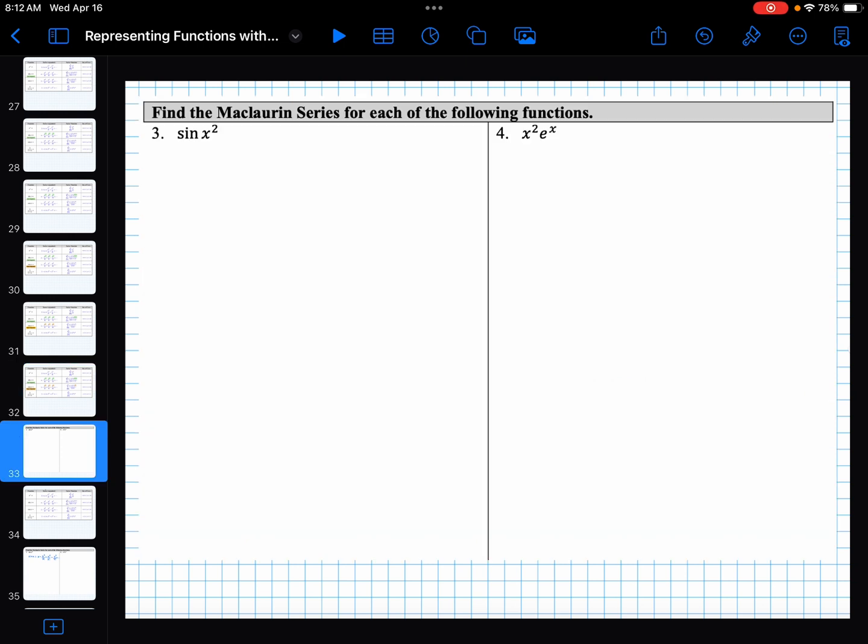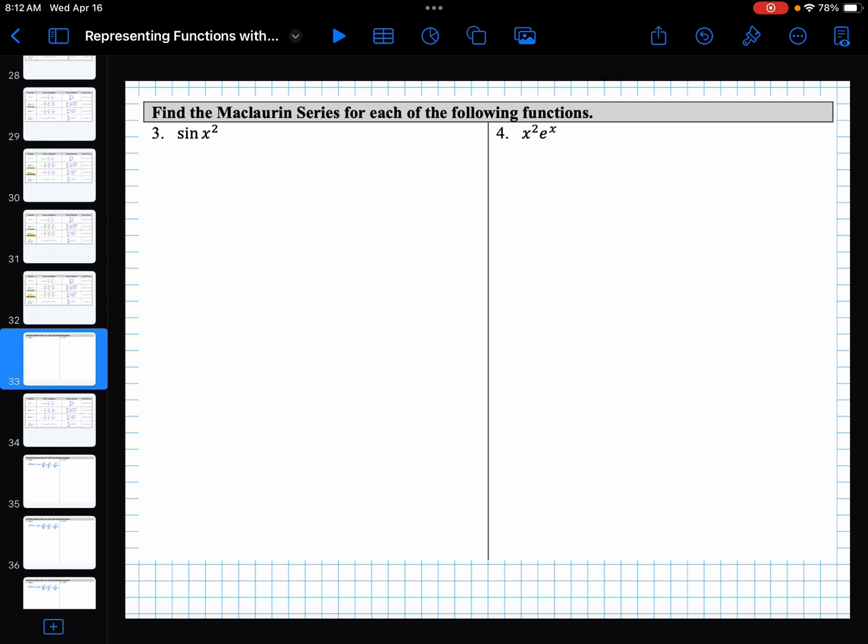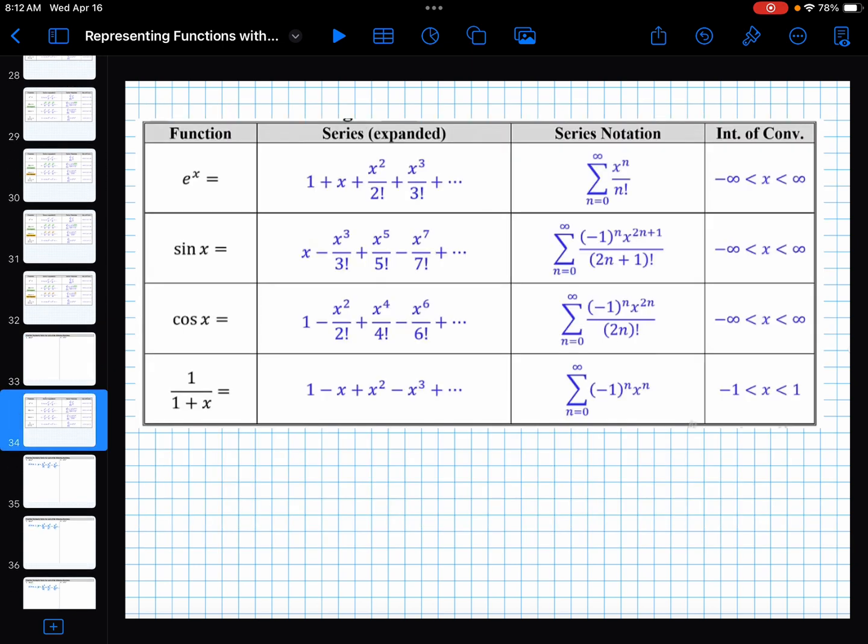So let's look at how to represent functions with these things, and you'll see there's a slight change here. Instead of sine of x, it's now sine of x squared, and instead of e to the x, it's x squared times e to the x. So we'll start with the sine and remind ourselves what the expanded series looks like, and we'll write out the general rule over here: x minus x cubed over 3 factorial, on and on.